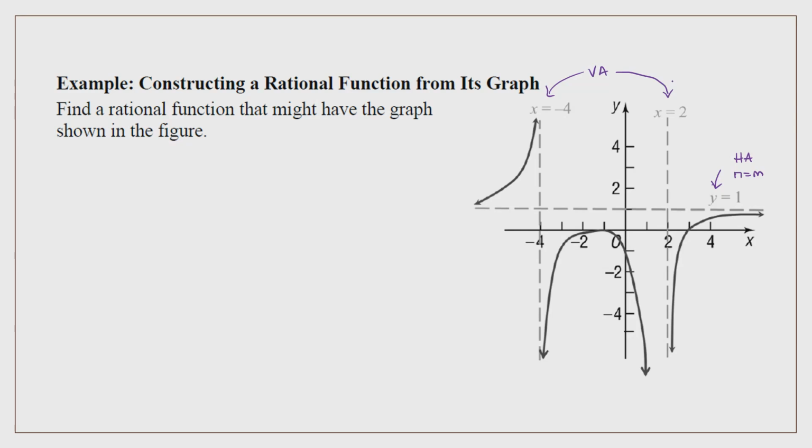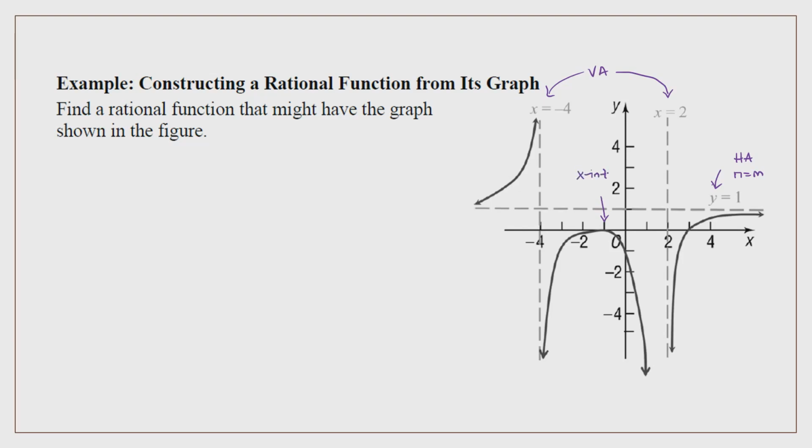Okay. So we know then that our domain is not going to include x equals -4 and x equals 2. Okay. We have an x-intercept right here.